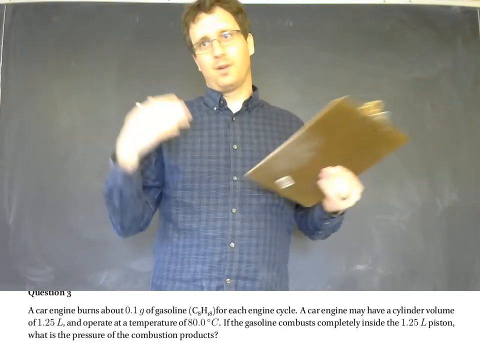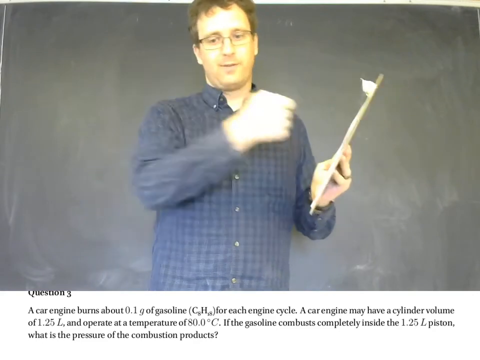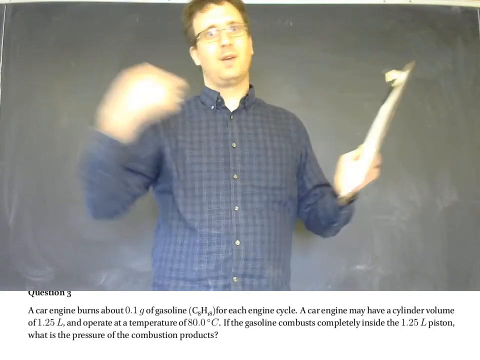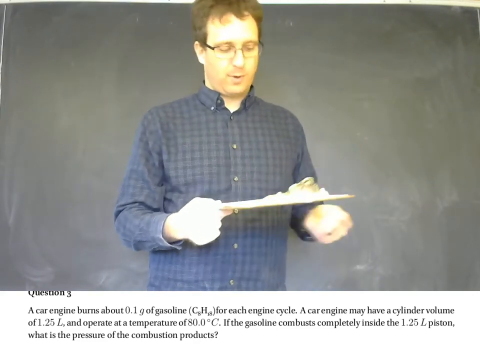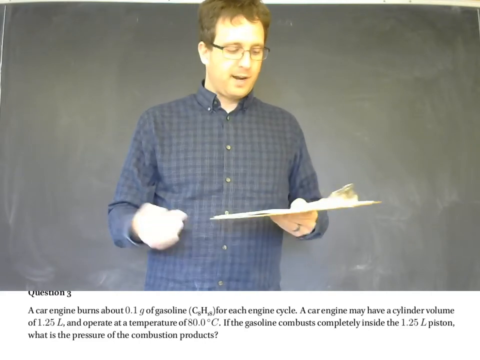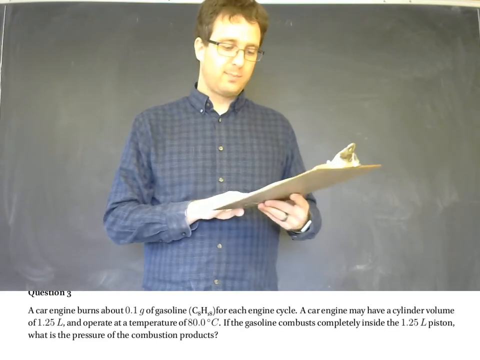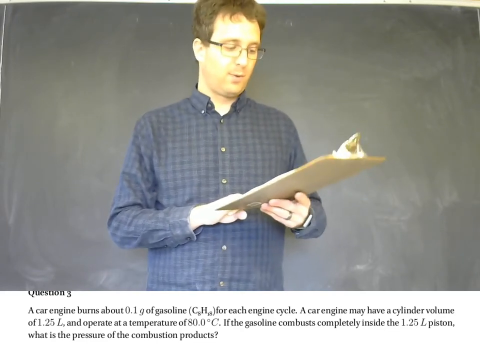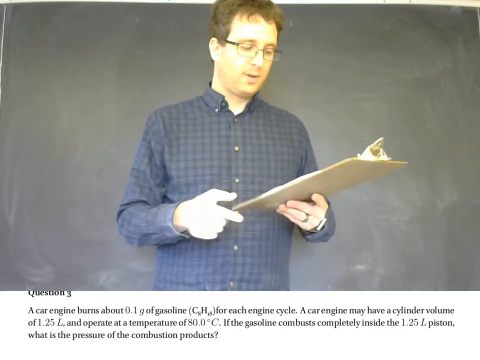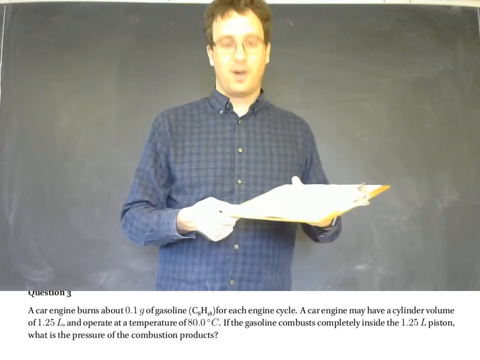In the car's cycle, of course, that volume can get very small as the piston compresses, but at its largest point, 1.25 liters, and operate at a temperature of about 80 degrees Celsius. If the gasoline combusts completely inside the 1.25 liter piston, what is the pressure of the combustion products?